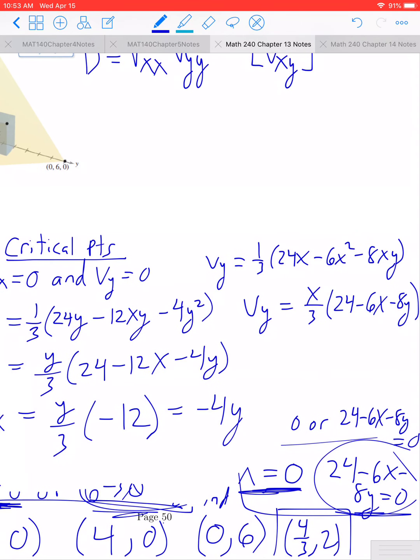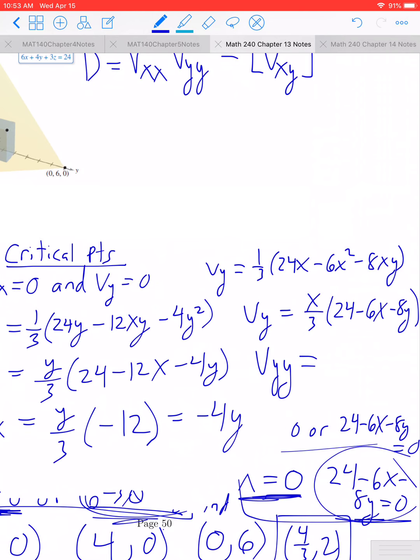If we do the second partial with respect to y, keeping x constant, this would be x over 3 times negative 8, which would be negative 8/3 x.